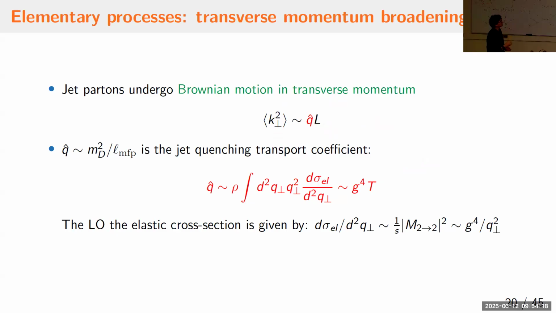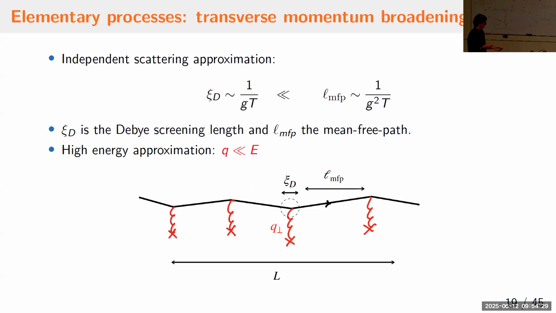Another way of viewing this q hat, this transport coefficient, is as a gluon distribution of the plasma. It's really proportional to the gluon distribution. If I go back to this slide here, q hat is associated with this elementary process, and it's as if we had a certain gluon distribution in here.